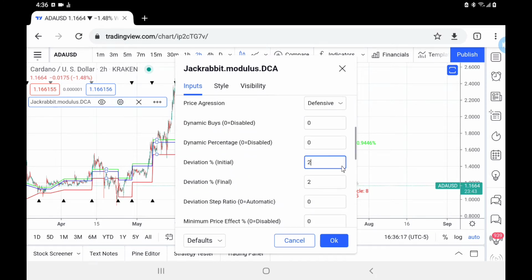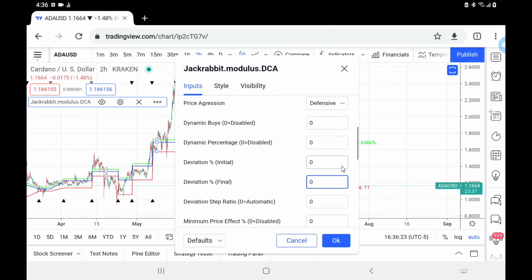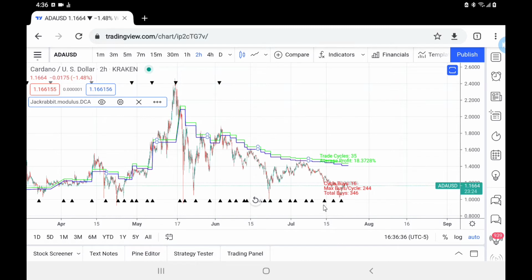And it must occur for both the initial and the final. They both must be set to 0. When both the initial and the final deviation are set to 0, notice the deviation line disappears.